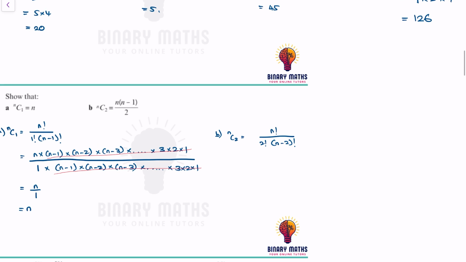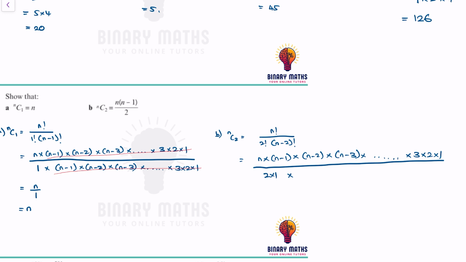So if I write that out, that's n times n minus 1 times n minus 2 times n minus 3 times blah blah blah all the way down to times 3 times 2 times 1, all over 2 factorial, which is just 2 times 1. N minus 2 factorial is n minus 2 times n minus 3 times blah blah blah times 3 times 2 times 1. Again, you can see what cancels out at the top and the bottom.